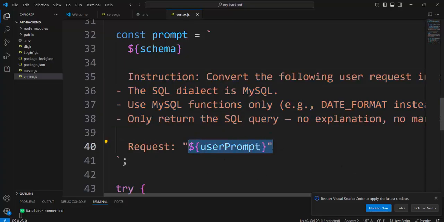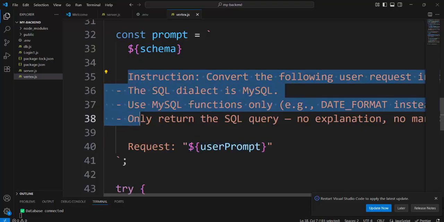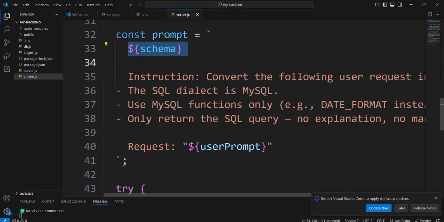It is not the original prompt, but these instructions and this schema that are the context or tools, and there can be a lot of tools and a lot of context for some solution.